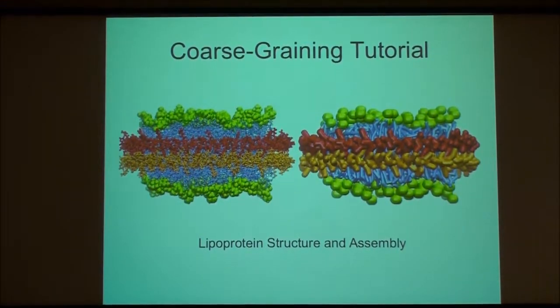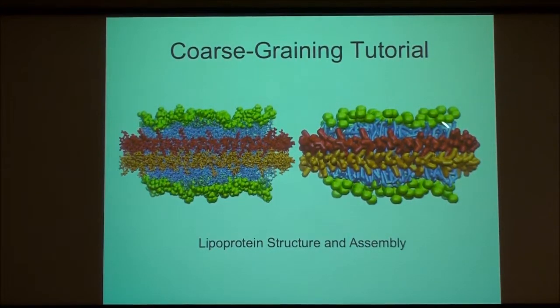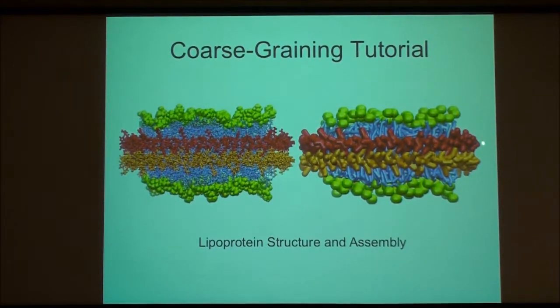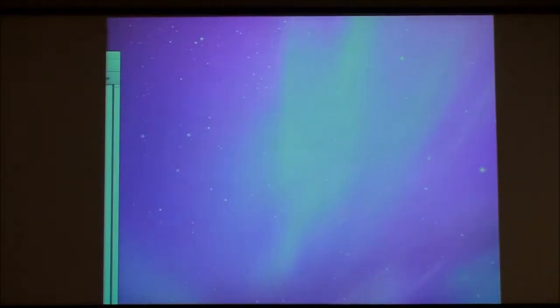But of course, it's not an easy thing to crystallize experimentally. That's why modeling has been used a lot here to test and to come up with structural models for these particles. So you see we have the atomistic representation here and the coarse-grained representation. You go back and forth between these and you do some simulation on these today.